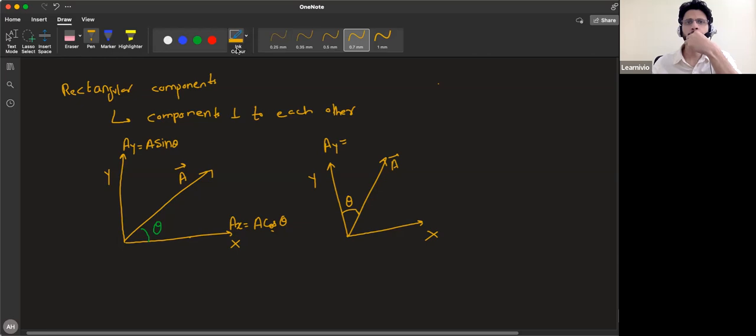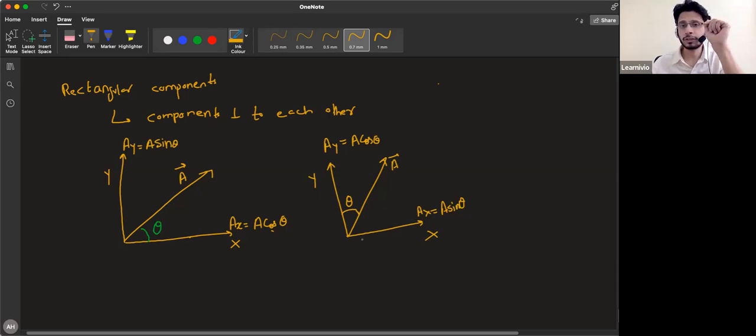Hanifa, what will be the y component here? A cos theta, because you have the direction with respect to the y-axis. Hiba, what will be the x component now? A sin theta. Good. This is how we resolve vectors along the x and y axes.